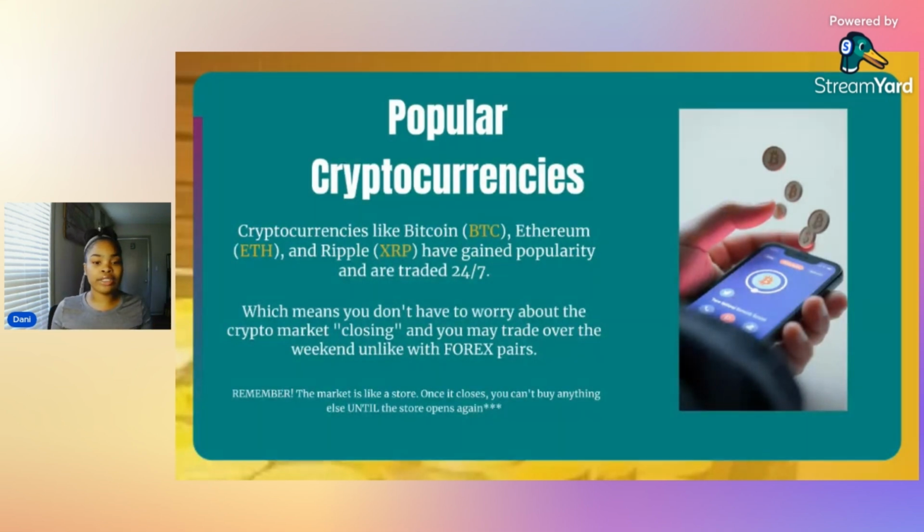When I first got into trading, I was hesitant to get into Forex because Forex had a bad name, right? I didn't want to get into Forex. I didn't even understand what it was. But when I heard about cryptocurrency, I was like, what is that? Right? I was so curious about it.